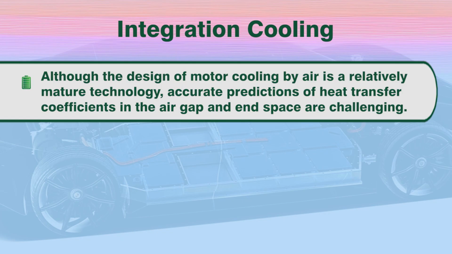Although the design of motor cooling by air is a relatively mature technology, accurate predictions of heat transfer coefficients in the air gap and space are challenging. So, the air gap, although very established, we need more and more accurate predictions of these heat transfer coefficients.